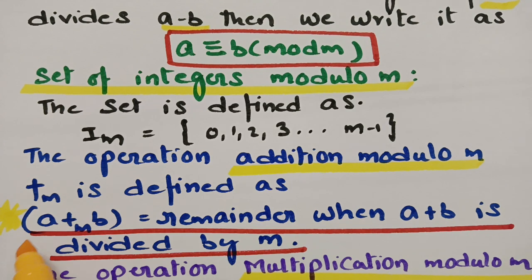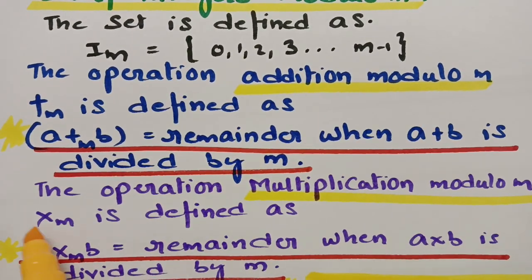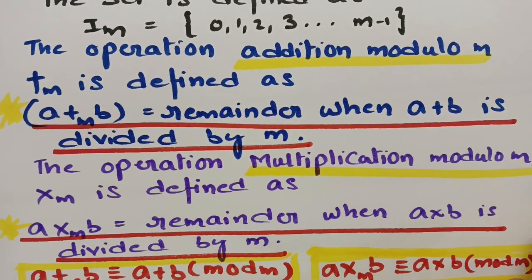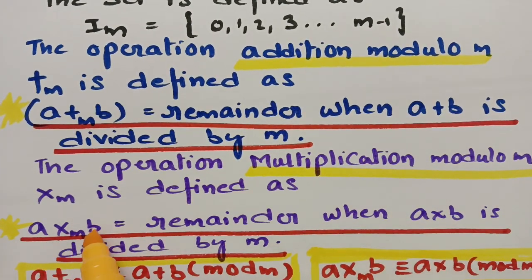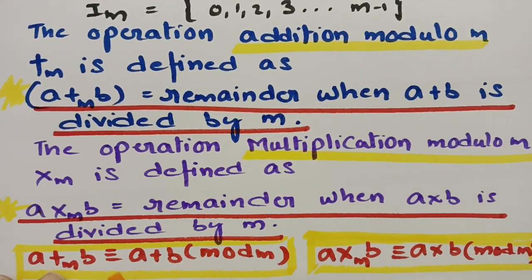And next, the operation multiplication modulo m, that is ×_m, is defined as a ×_m b equal to the remainder when a into b is divided by m. So we want only the remainder when a into b is divided by m. So these two are the addition modulo m and the multiplication modulo m.